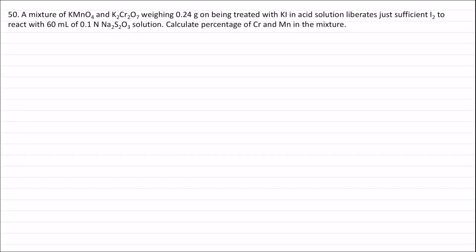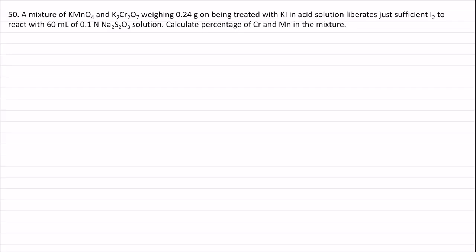Question 50. A mixture of KMnO4 and K2Cr2O7 weighing 0.24 gram on being treated with KI in acid solution liberates just sufficient iodine to react with 60 milliliter of 0.1 N Na2S2O3 solution. Calculate percentage of chromium and manganese in the mixture.